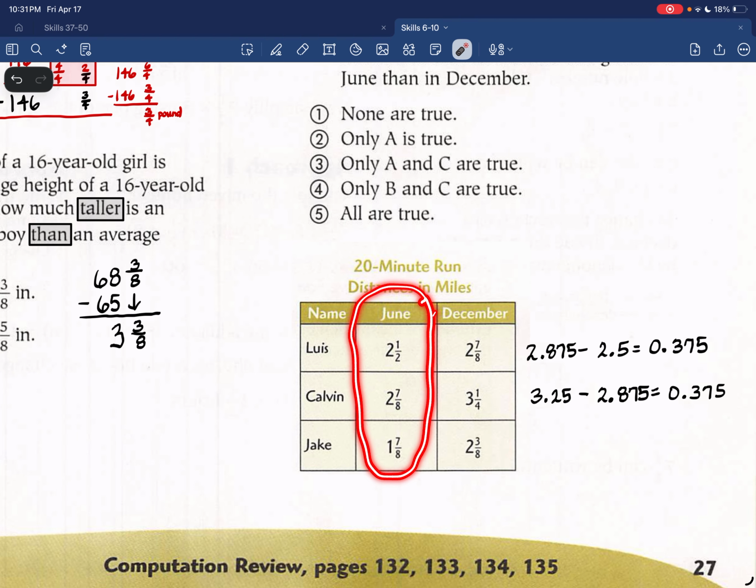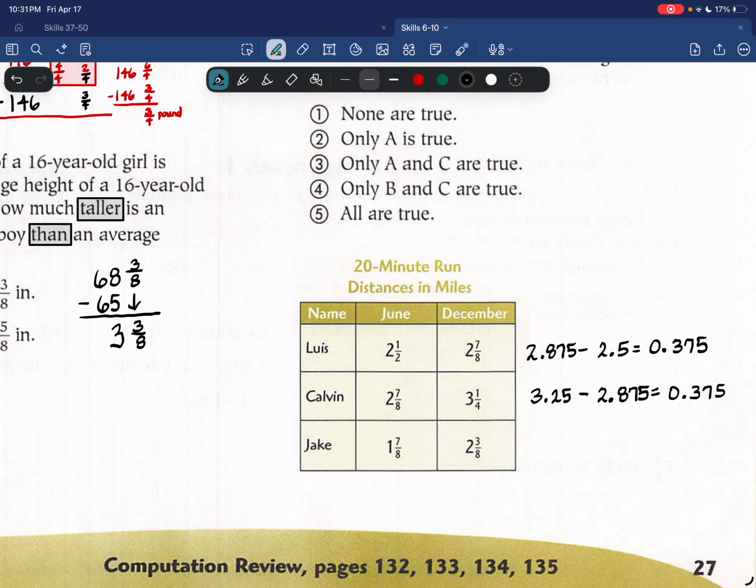Who was fastest and who was slowest in June? Calvin ran further in 20 minutes. Jake ran the least. So those are the two that I'm going to look at for June.